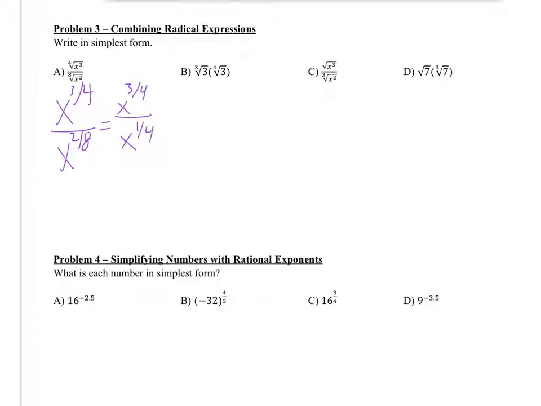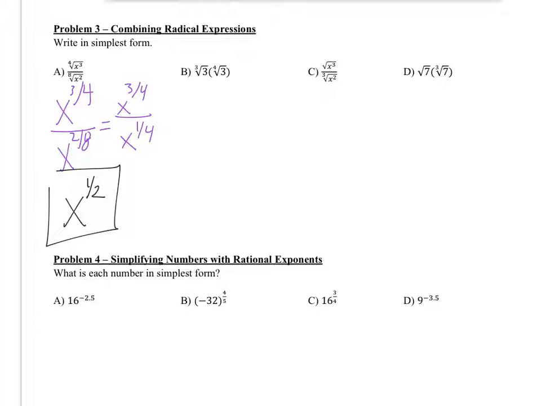Now when I'm simplifying this, you always take your top minus your bottom. There should be more on top, so your answer is not going to be in a fraction. So I do 3/4 minus 1/4. That's the same as 1/2. So my answer would be x to the 1/2, because 3/4 minus 1/4 is 2/4, and that's the same thing as 1/2. That's my final answer. For this first one, you can only do this if you have the same base.